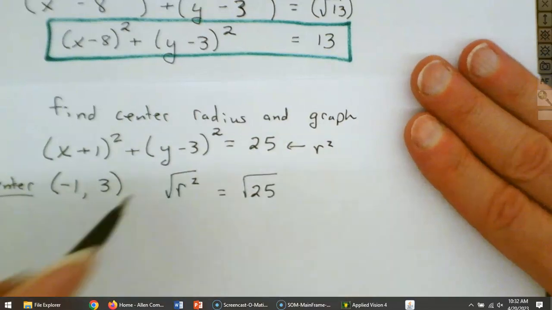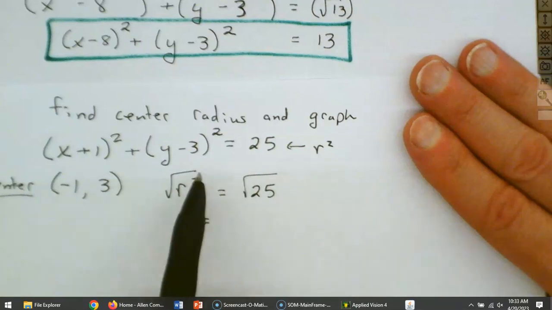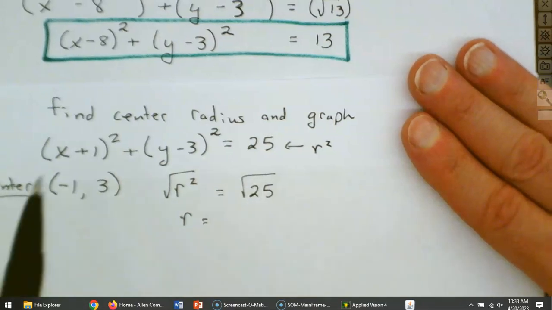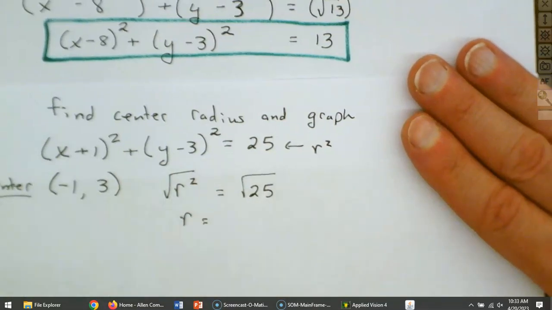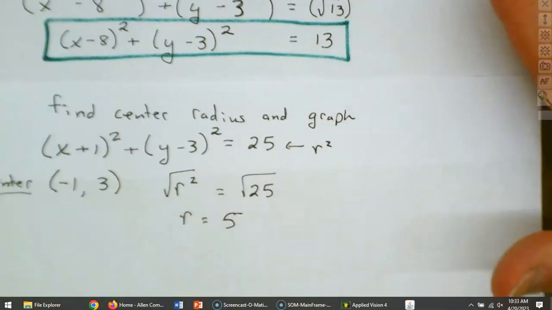So we take the square root of both sides. In college algebra, depending upon the situation, you might have a plus or minus. But that's for college algebra. In this case, we can't have a negative radius, so we don't have to worry about the minus case. So we take our square root, and what's the square root of 25? Well, the square root of 25 is a 5.